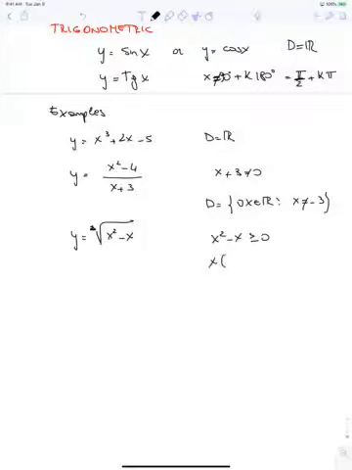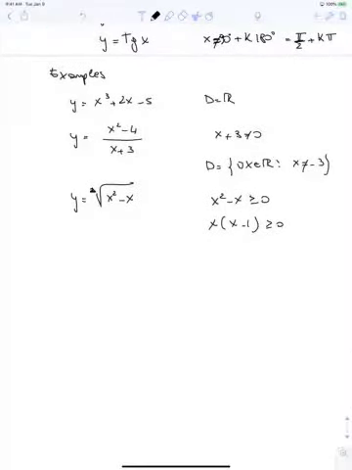Now, this can be written as x times x minus 1 greater than or equal to 0. So this is x less than or equal to 0 and x greater than or equal to 1. So the domain is all the x's such that x is less than or equal to 0 or x is greater than or equal to 1.